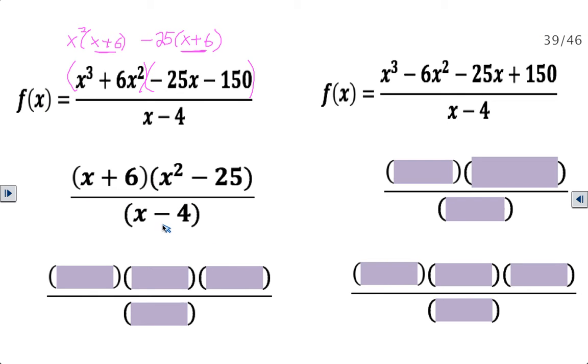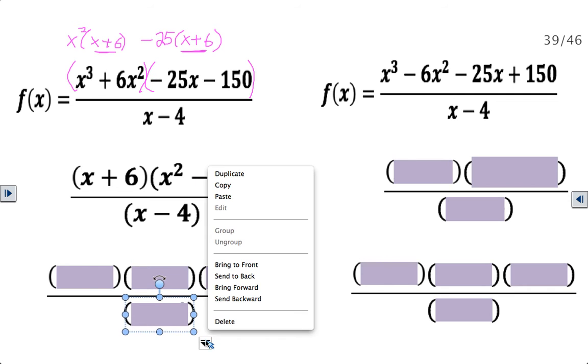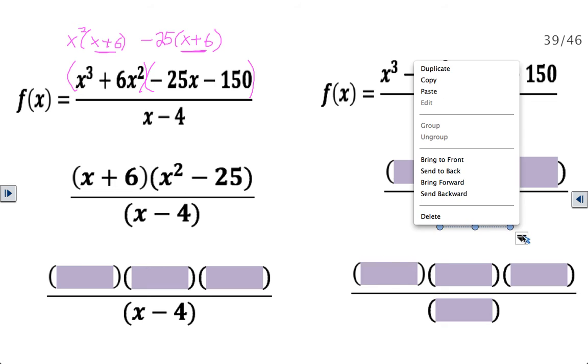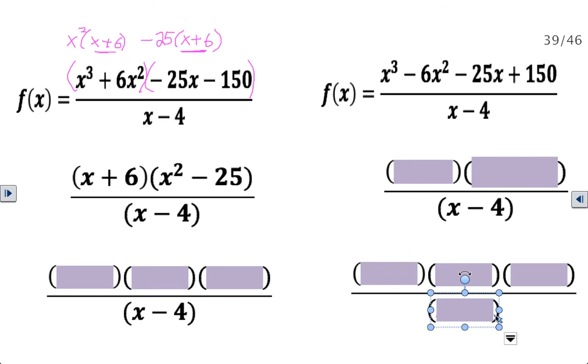You can't factor that anymore. Sorry, I'm confusing denominator and numerator. The denominators are all going to just be x minus 4 for both of these equations, and you can't factor the denominator anymore.